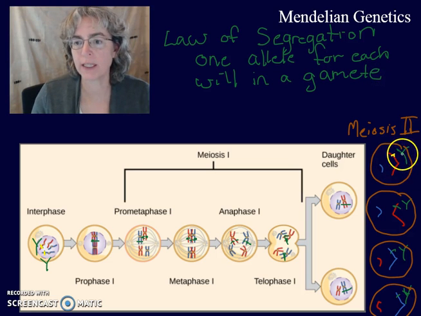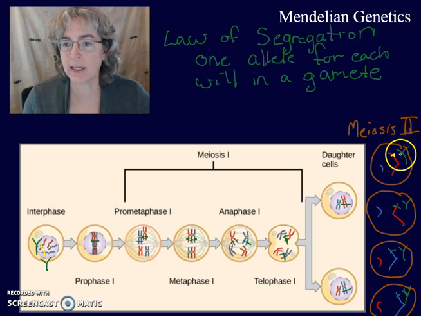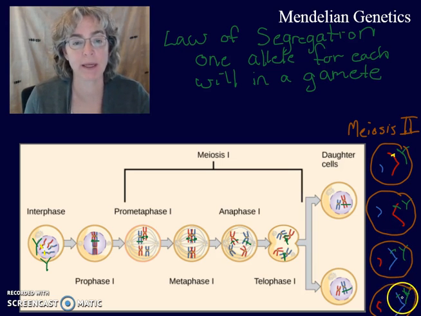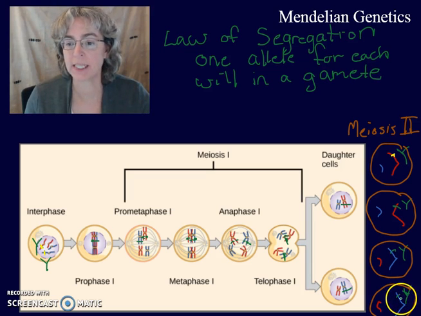So we've got one allele for the yellow seed color in this gamete, and again one allele in this gamete, and one allele in this gamete, and one allele in this gamete for seed color.